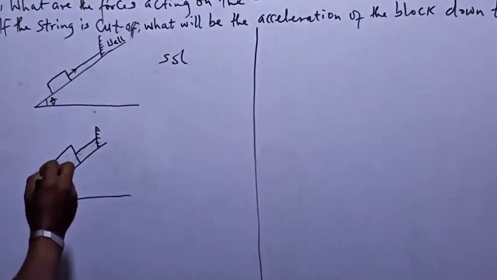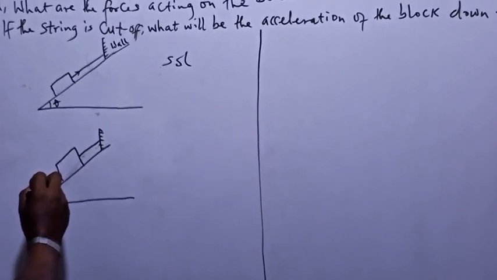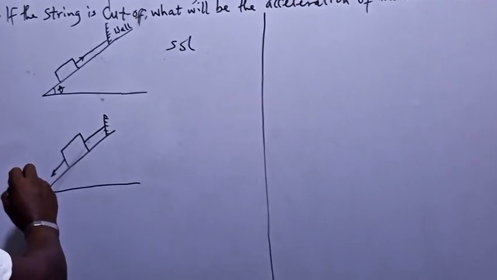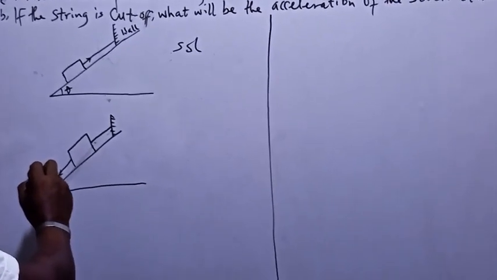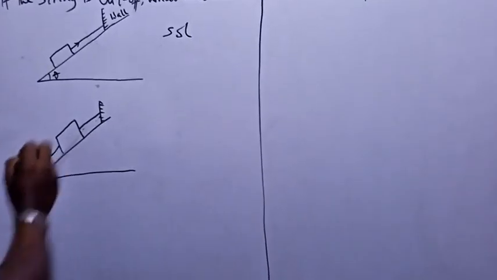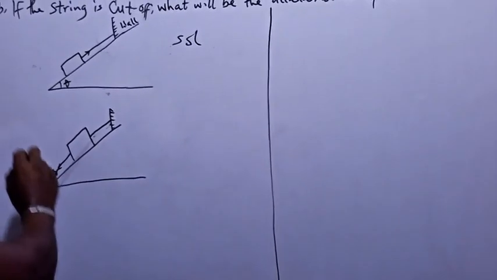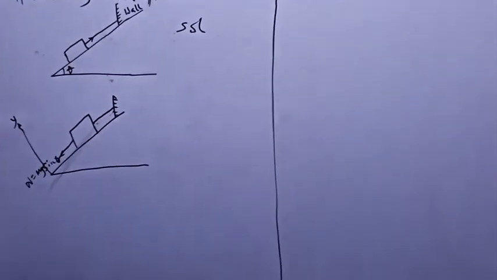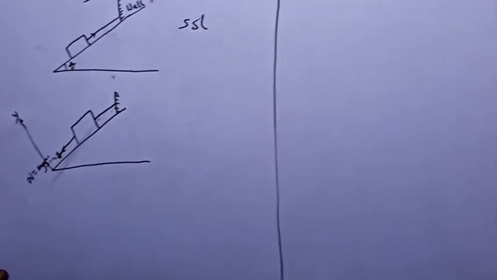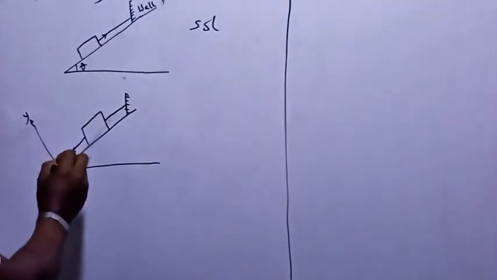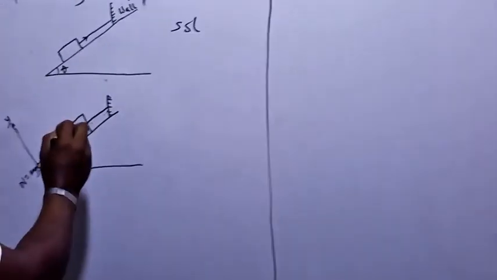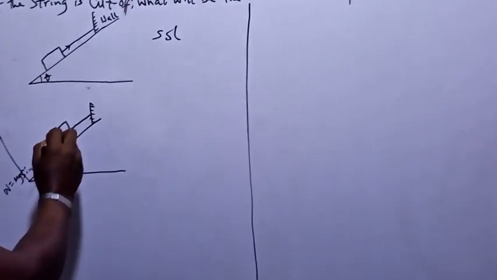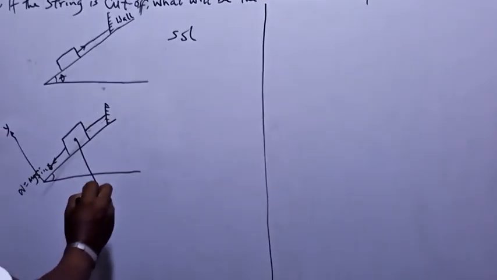Now it's also sliding downwards where there is a weight component which is equal to mg sine theta, and there's a vertical force here, the weight on the y-axis rather. This is the body, with the weight coming downwards.